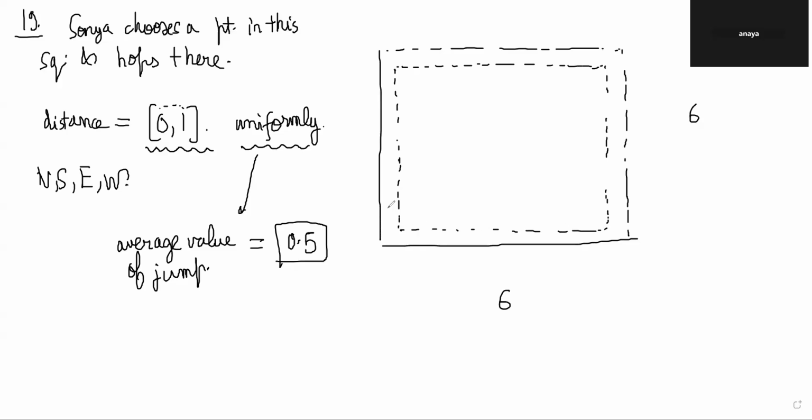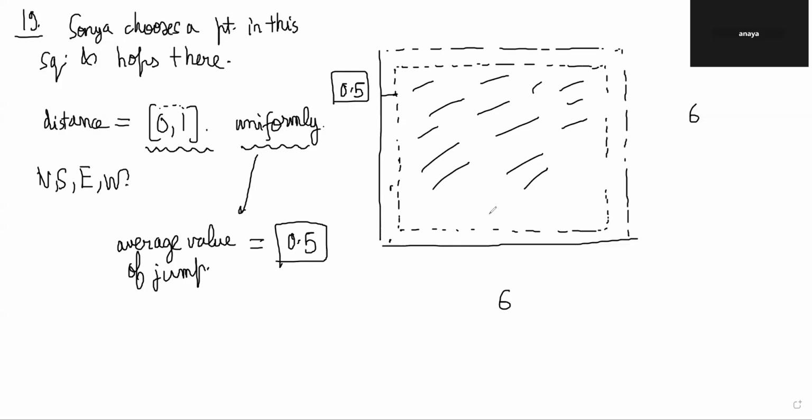If she's in any of these points, then only she can basically escape. This distance is half, let's say, on all sides. If she is inside this portion, there is no chance she can jump out. If her jump size was half, she cannot jump out from here, right?